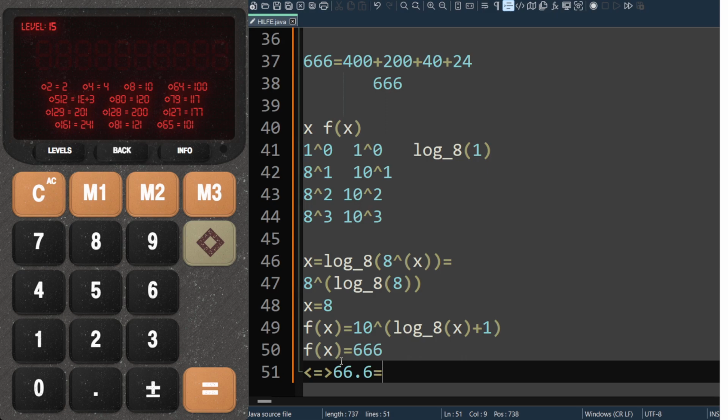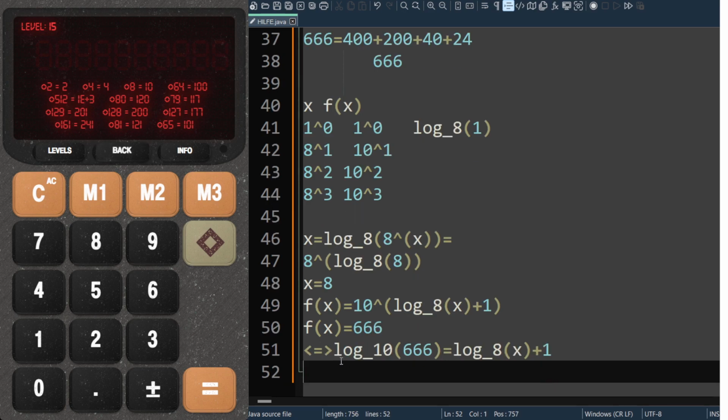66.6 equals the log base 8 of x plus 1. That's wrong. Not 66.6, but the log base 10 of 666 equals the log base 8 of x plus 1.